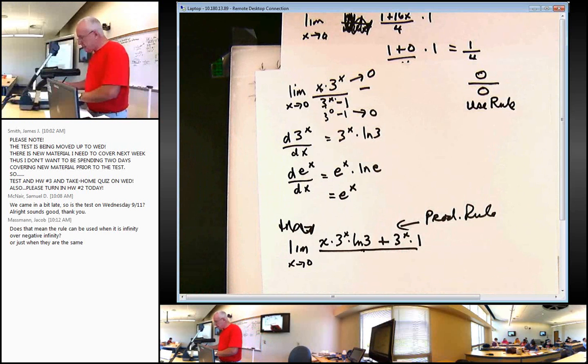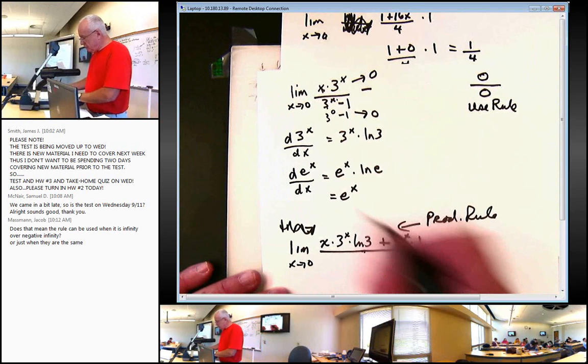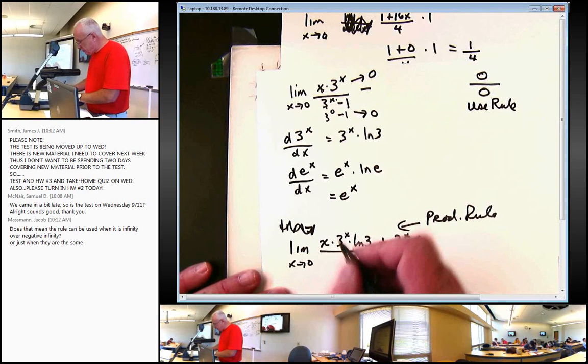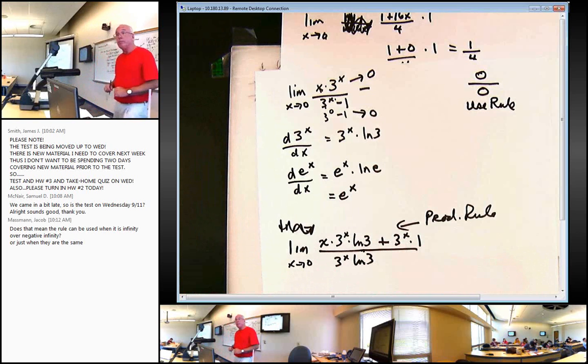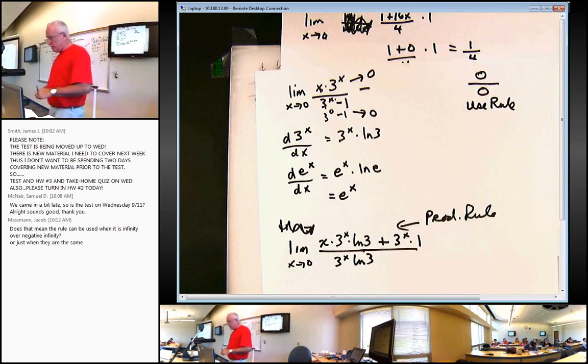All right, let's look at the bottom here. We're going to simplify this in just a second. The derivative of 3 to the x is 3 to the x times the natural log of 3. The derivative of negative 1 is 0, so I'm not even going to write it.